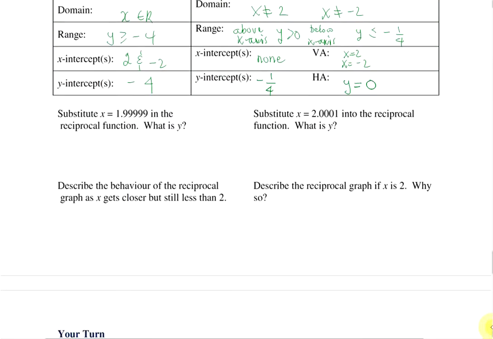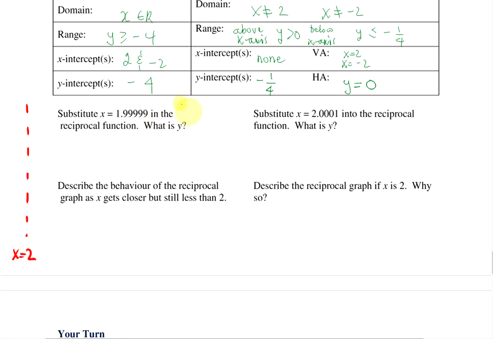Now let's take a look at what happens around our vertical asymptotes. I'm going to just draw one of them here, and we'll take a look at the one where x equals 2. We want to substitute a value in for x which is just a little bit smaller than 2, so 1.99999.